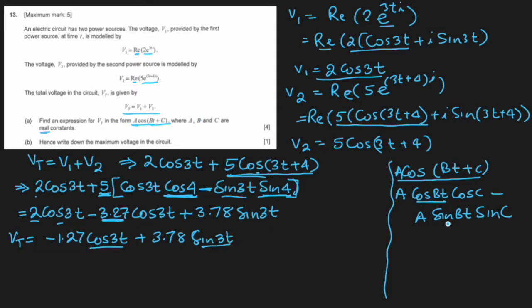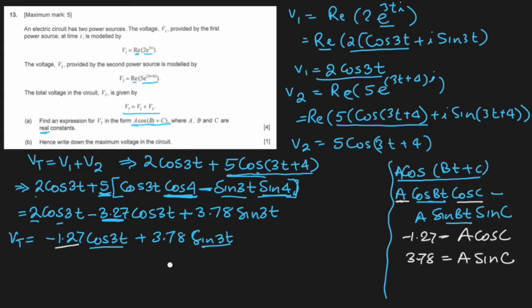Sin bt. That means, according to comparing this with this one, negative 1.27 is A cos c. And 3.78 positive is A sin c that we want, right?